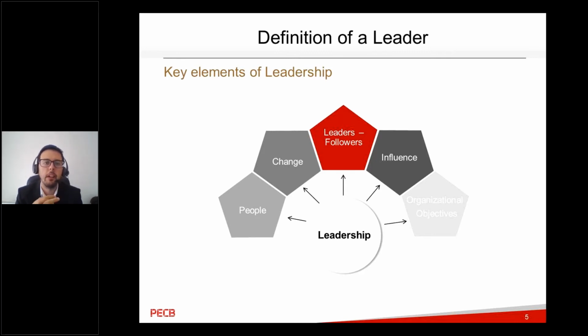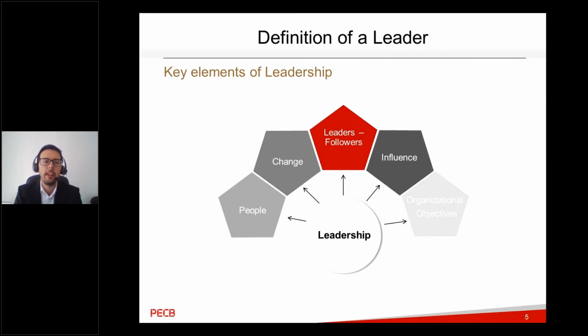So we have leaders and followers, which try to define the relationship that exists between a leader and a follower. So the people in charge and the ones on the receiving end of the orders. Then we also have influence.